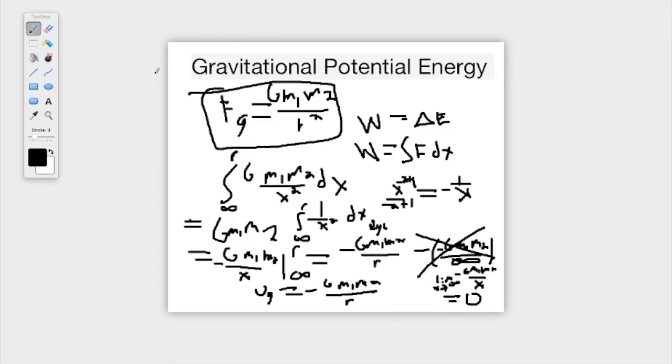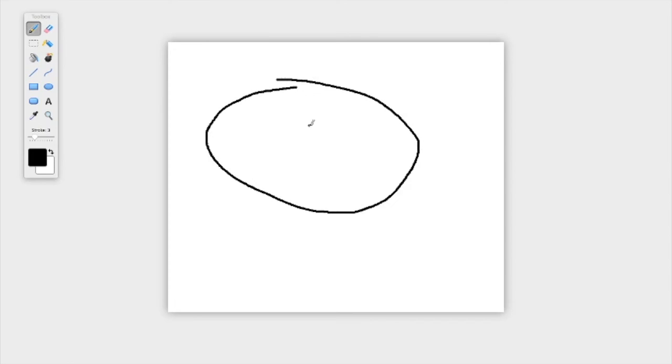So yeah, we can actually apply this to conservation of energy. Let's draw an orbit right here. Here's a sun, and then here's planet 1, and then here's planet 2. Planet 1 is a lot closer to the sun than planet 2.